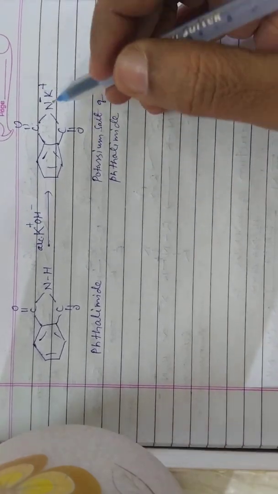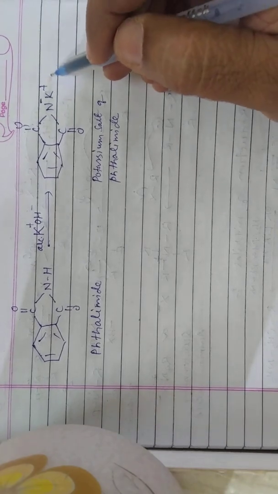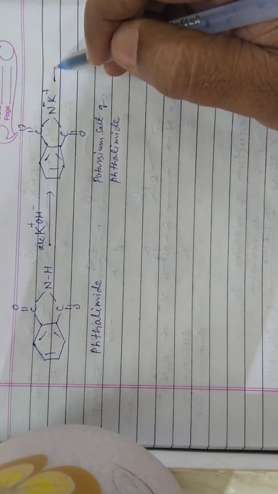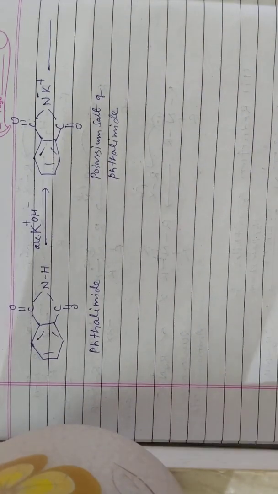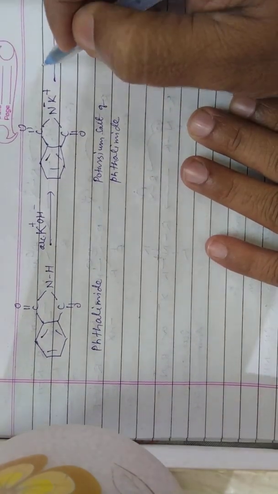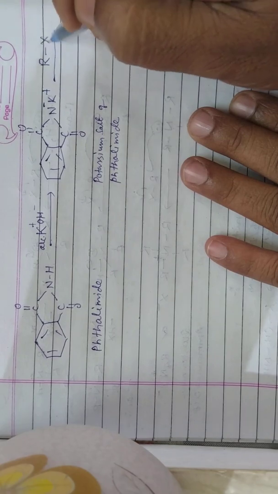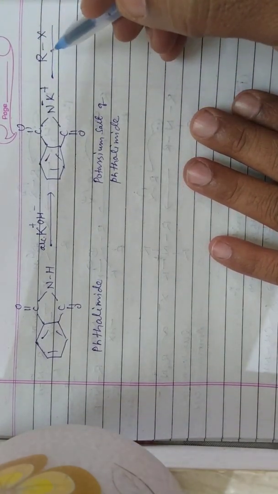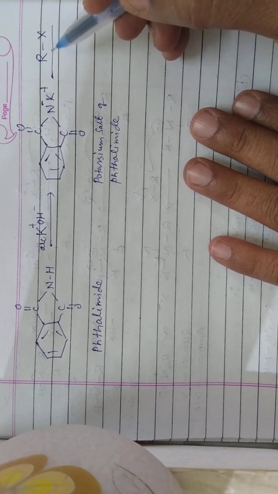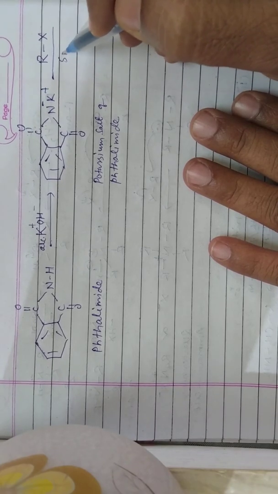Now when the potassium salt of phthalimide reacts with alkyl halide, that is RX, then a nucleophilic substitution reaction takes place. So this is an SN2 mechanism.